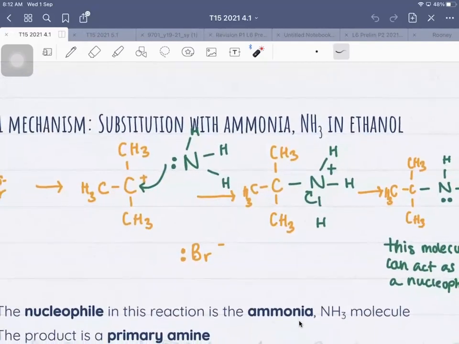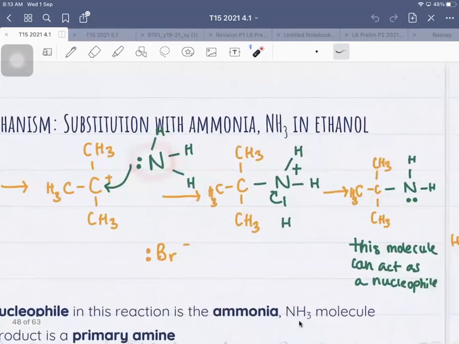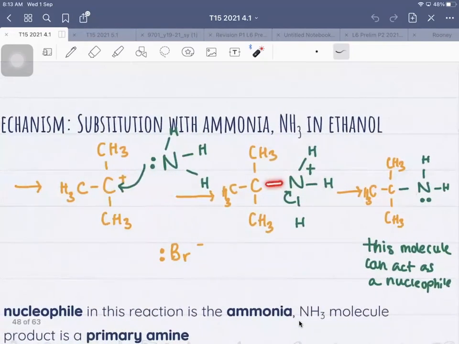Another thing about the attack of ammonia is that this is where the nitrogen donates its lone pair to the carbocation to form a new CN bond. You will notice that there are 4 bonds around nitrogen. Usually nitrogen would have 3 bonds. There are cases where you see nitrogen forming 4 bonds, but this reaction is not the case.